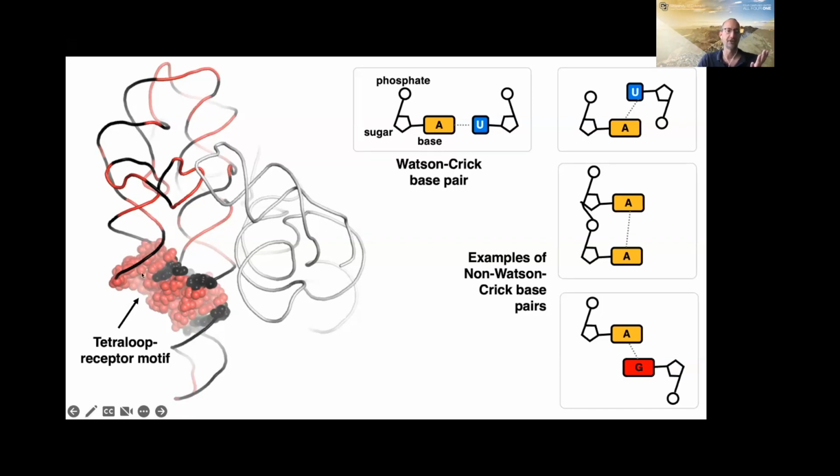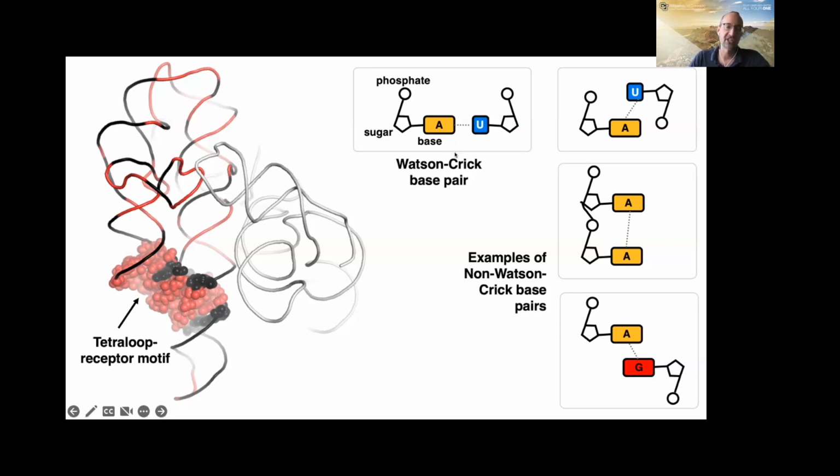And then in spheres, I'm highlighting what's called the tetraloop receptor motif. So there's the loop at the end of that continuous domain here that docks into a helix on that side, right? So we have mostly non-Watson-Crick pairs in this, mostly the red ones.